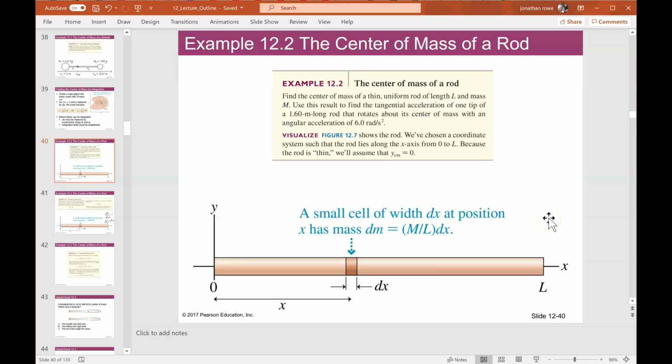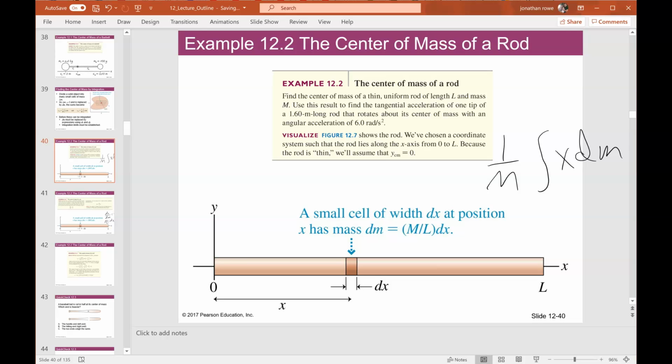So first we want to say that the center of mass is going to be 1 over m times the integral of x dm. Now we've got to replace dm.